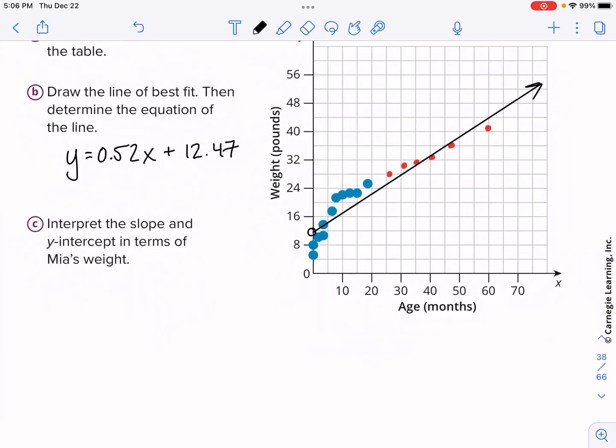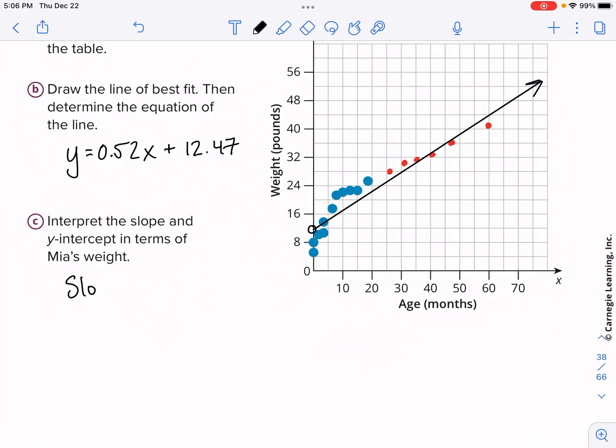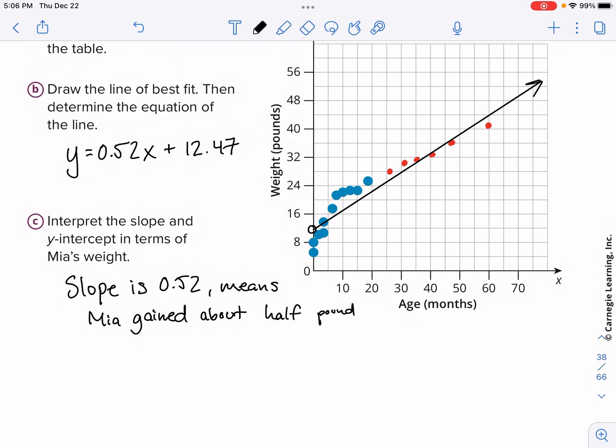So the slope of the line is 0.52. That's in front, that's our coefficient for x. So that means Mia gained an average of about half a pound every month.